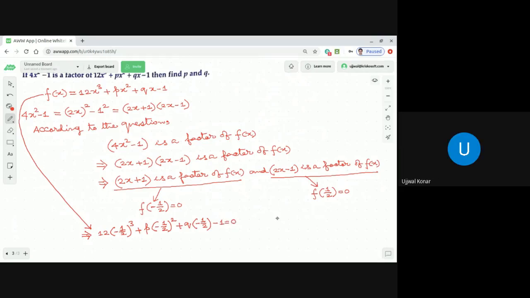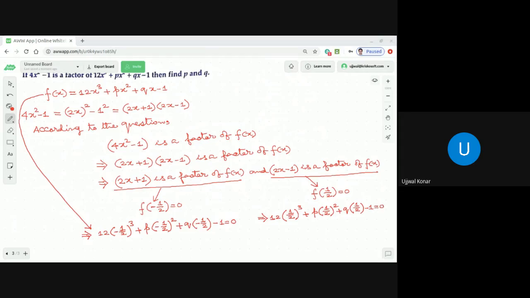And here also, as f of 1 by 2 is equal to 0, we get 12 into 1 by 2 power 3 plus p into 1 by 2 power 2 plus q into 1 by 2 minus 1 equal to 0.